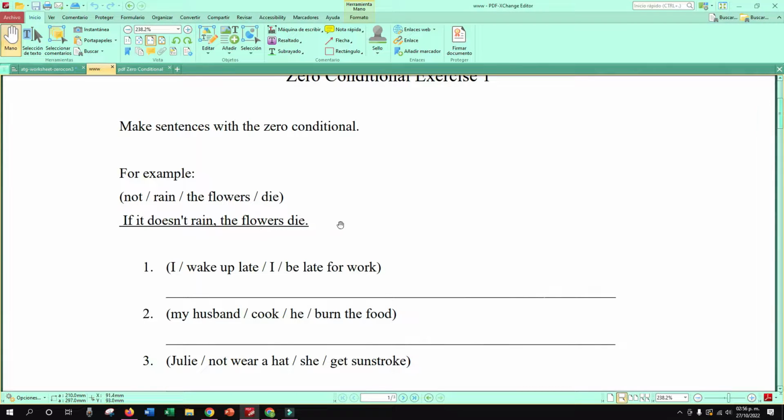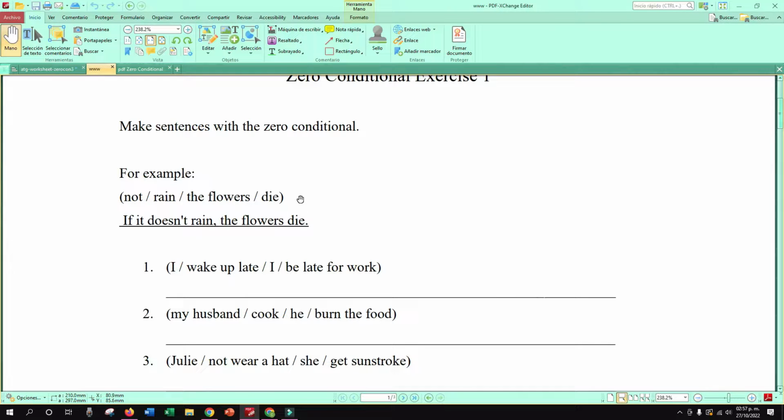Las flores mueren. Yes? So, you have to use all the words that you have between parentheses, and you have to write down the if clause and also the main clause, the result.